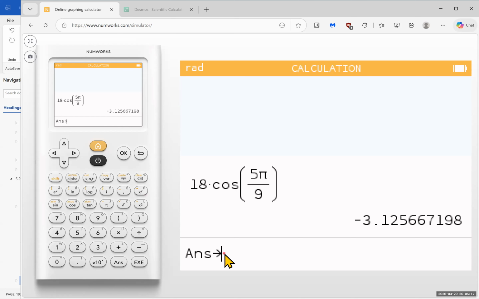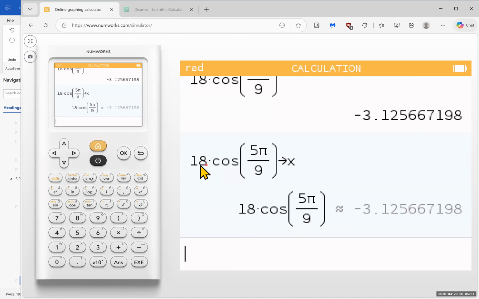It's going to take the answer and put it into this variable x. What's nice about the NumWorks calculator is you can store it in a lowercase x or an uppercase x. So just to keep it simple, I'm going to use lowercase. To do lowercase, I just have to hit this alpha button, and you can see the word alpha is in lowercase here, and then the number 2, and it's going to put it in lowercase x. So I'm going to hit execute. There. It just put that value in x.